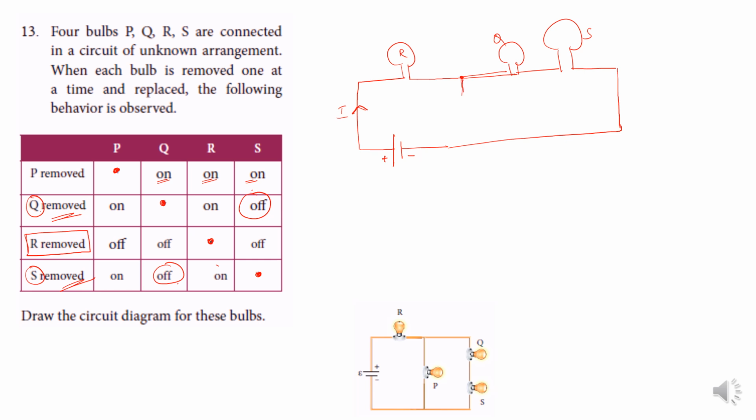That means it is parallel to Q and S. This is P. This is the circuit diagram.